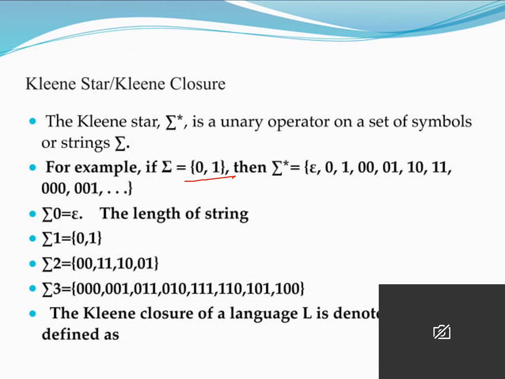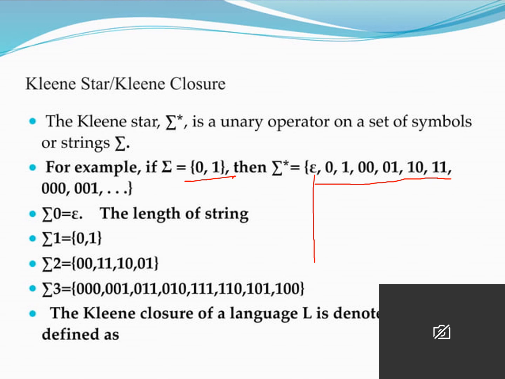So here, what are the various types of inputs we can generate? One is this symbol, known as epsilon, that is the empty symbol. Then 0, 1, 00, 01, 10, 11, the various two-digit inputs or three-digit inputs we are able to generate through only these two inputs, 0 and 1.